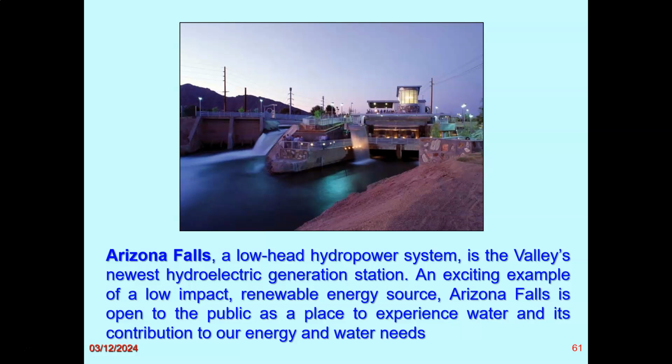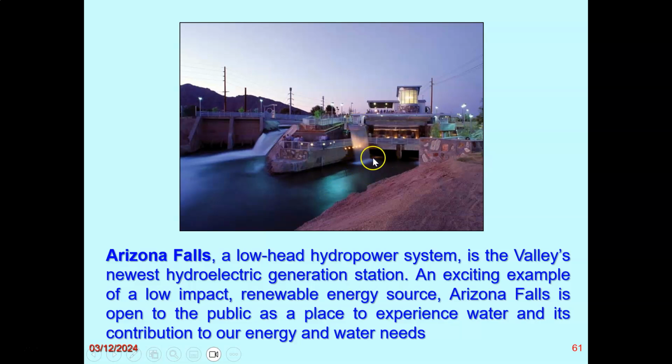This is a picture that I found on the web, of Arizona Falls. It is an example of low-head hydropower, a hydroelectric generation station, an exciting example of low-impact renewable energy, because as you can see here, they maintain a very low head, and it is a public place where you can also experience the water.